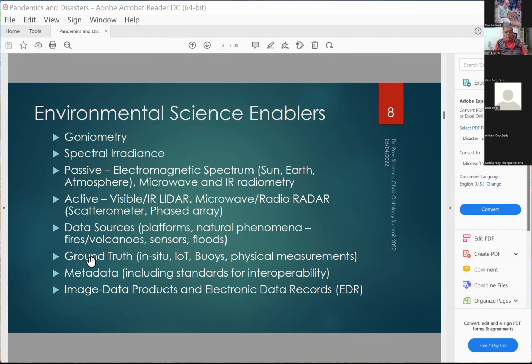Then we collect all these data continuously from orbiting satellites, and we create metadata so that our search and retrieval becomes possible in as technical a manner as possible, as the data would allow. So, and the products are generated. Sometimes they are image data products, and sometimes they are just electronic data records, like tables and so on and so forth.